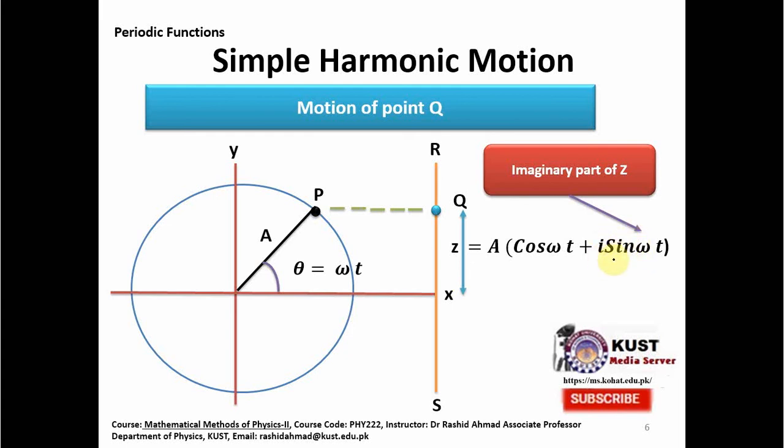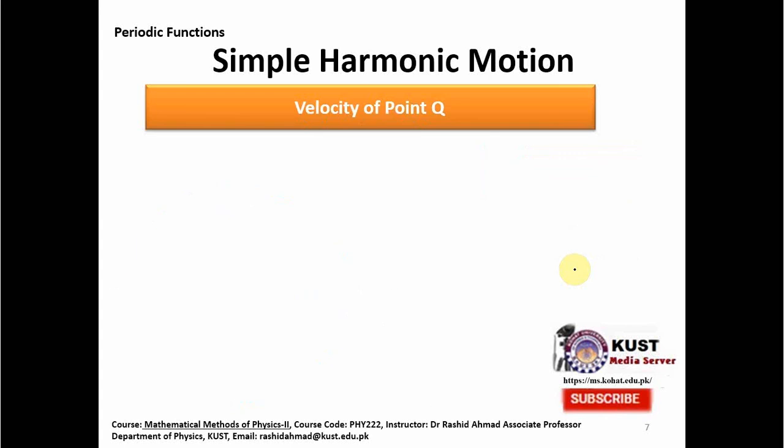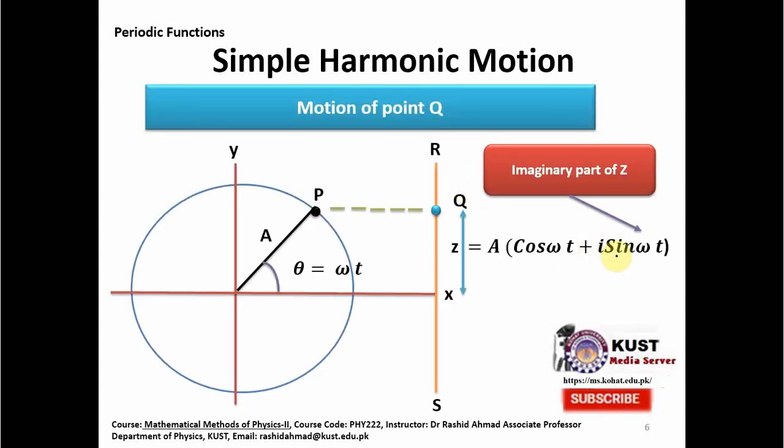At the end of the lecture, I will show you why and how sin omega t is a periodic function. Okay, so by definition, if sin omega t is a periodic function, then the motion of point Q is a simple harmonic motion, because all those systems which are sinusoidal are executing a simple harmonic motion.